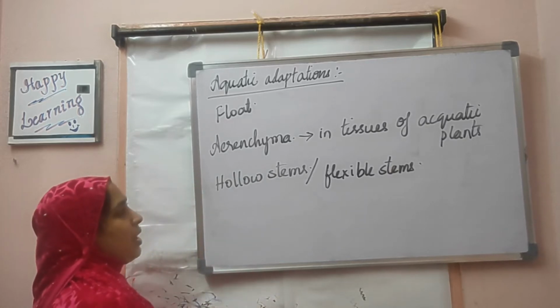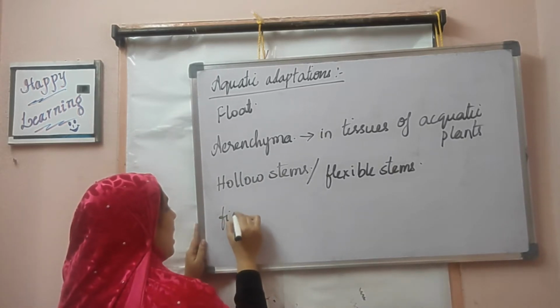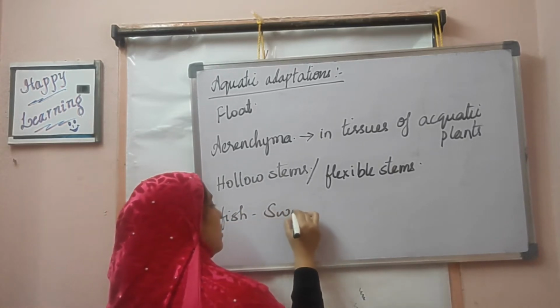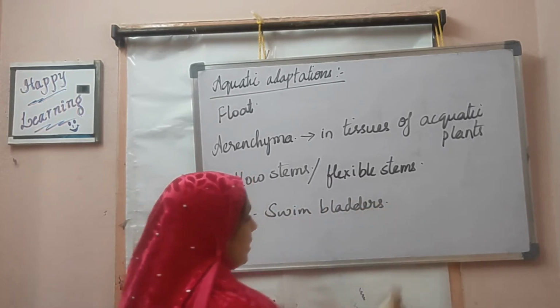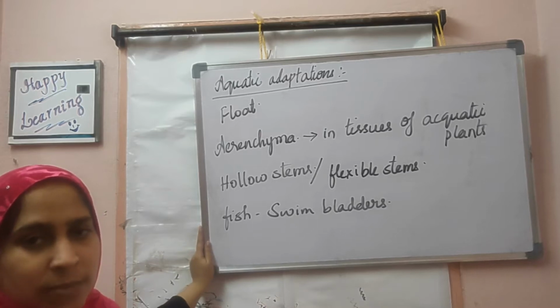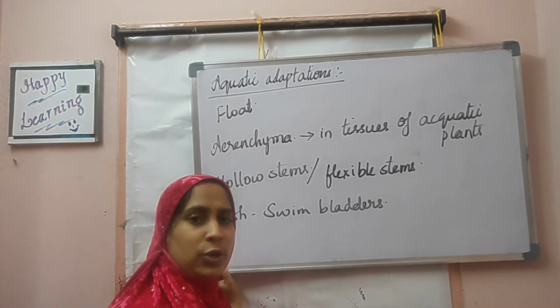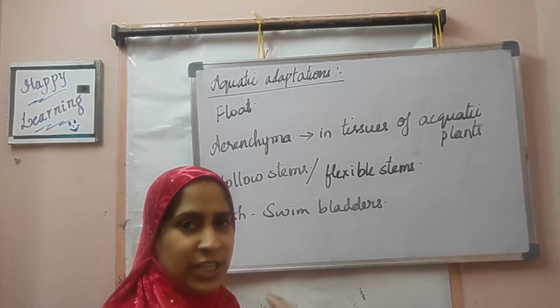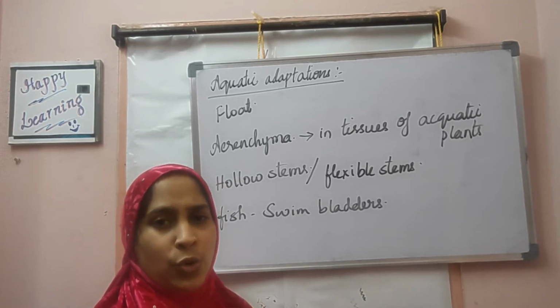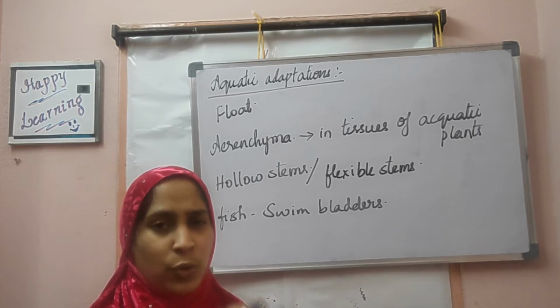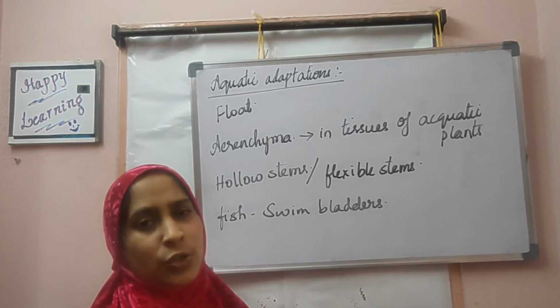Okay. And fishes have swim bladders. Swim bladders are parts that are associated with the digestive system. Whenever the fish wants to float, it takes air into the floaters. Whenever it wants to go deep, the floaters will send the air into the blood.